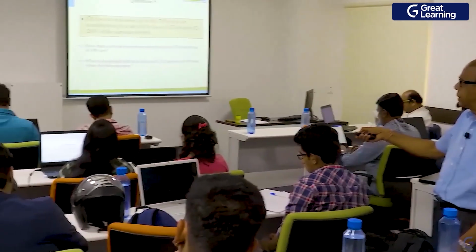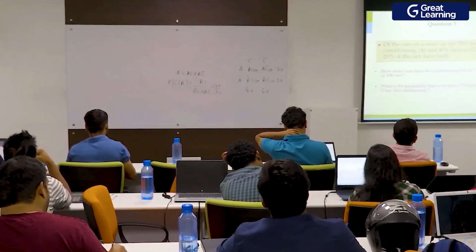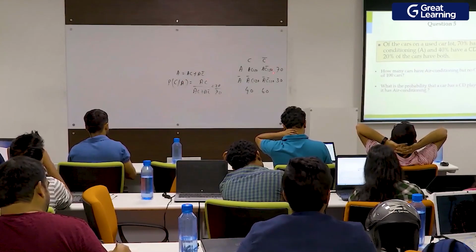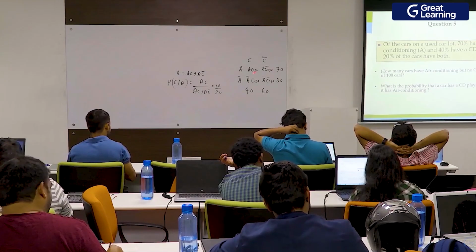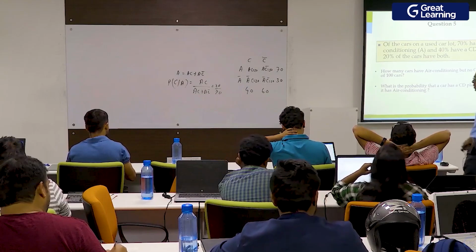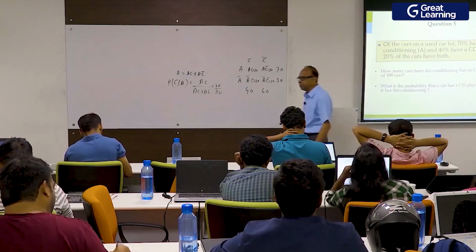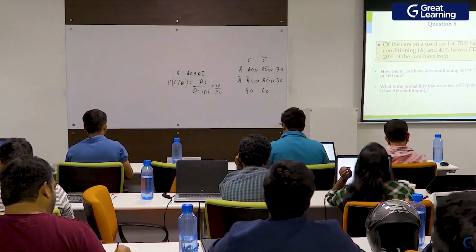The CD player part is not applicable here. Therefore, AC by AC plus AC bar, which is 20 by 70. Anyway, AC plus AC bar is given as 70. Incidentally, what is the probability that the car has an air conditioner? 70%. This 70% is called the marginal probability.